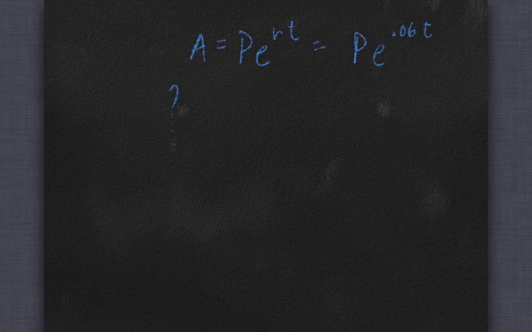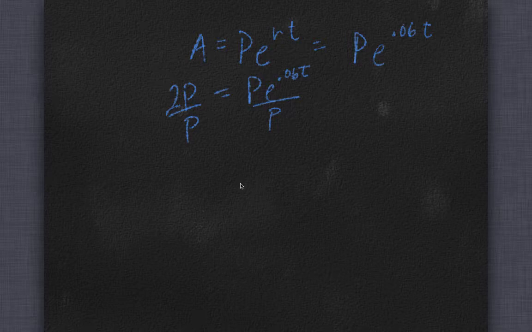If A is twice your principal, if you divide out the principal, you're just going to get 2 on that side. If you're going to triple it, you'll have 3. If you're going to half it, you'll have half. So 2 equals e to the 0.06t.